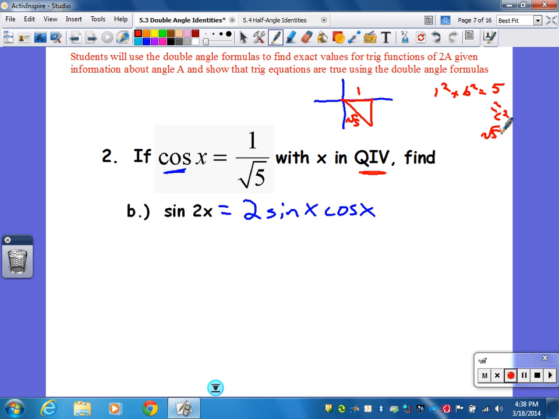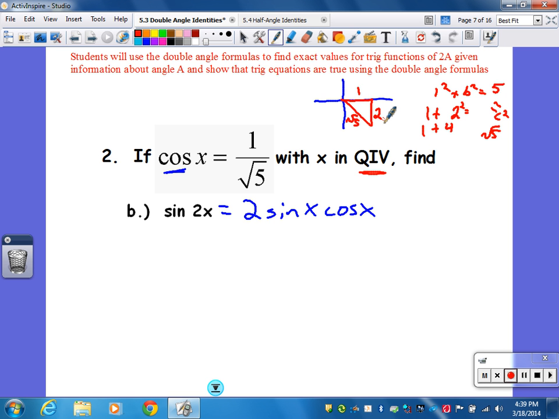So we need b. Looking at it, I'm going to say b is 2, so I can get 1 plus 2 squared equals 5. That's 1 plus 4, okay? Just checking the math there, so we know that this is going to be 2.